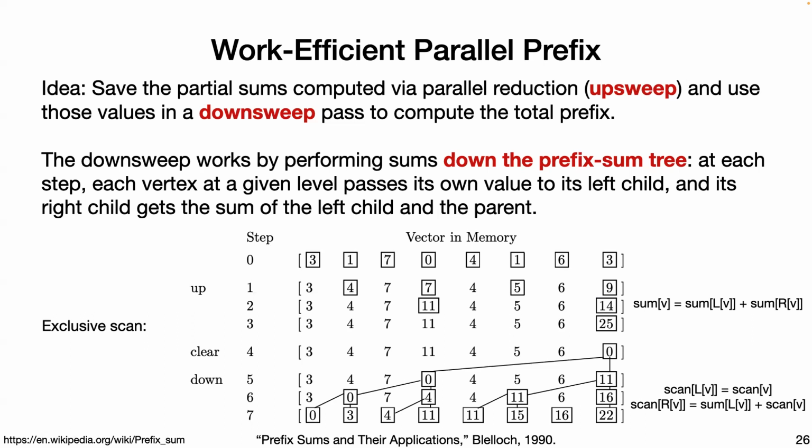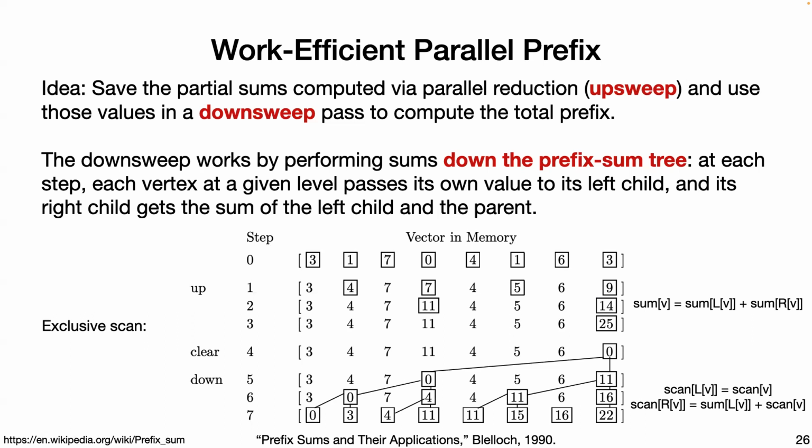And basically the way it works in the downsweep is that we flip the tree, and for exclusive scan, you put the identity in the end, and then you think of this as a top-down tree, then you push the value from the parent into the left, and then you do the parent plus the left child answer from the upsweep in the right child.